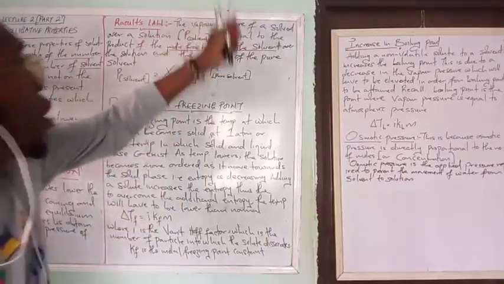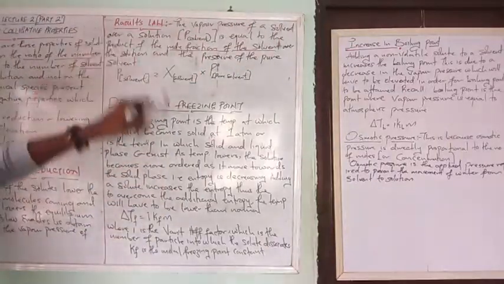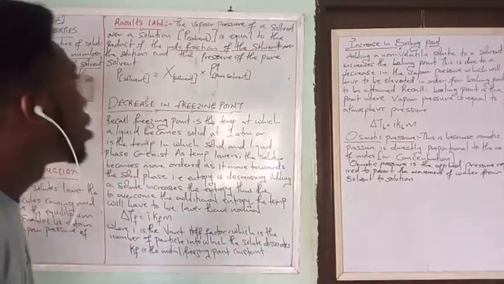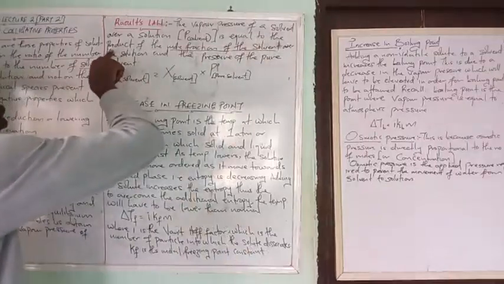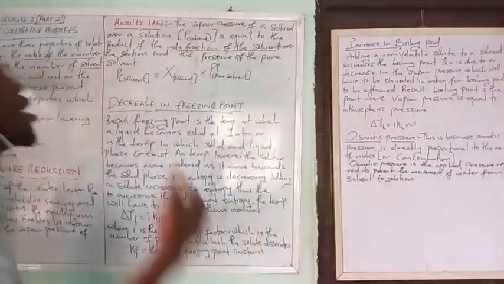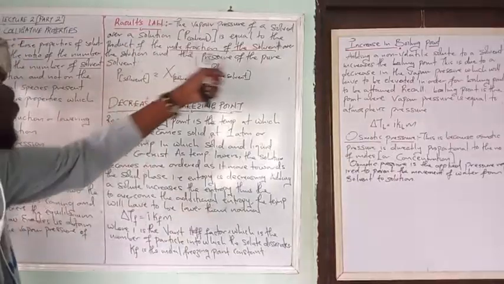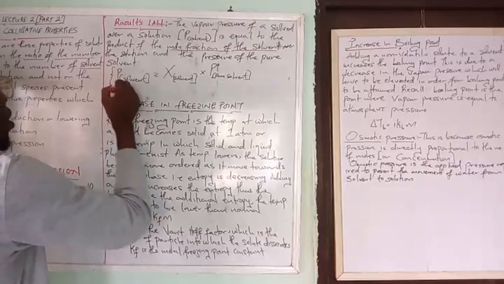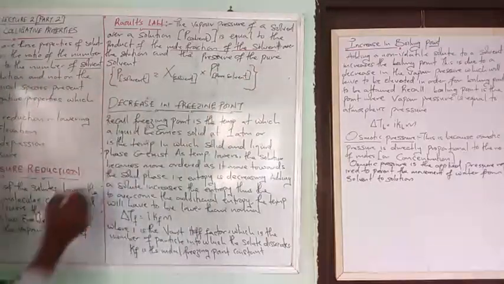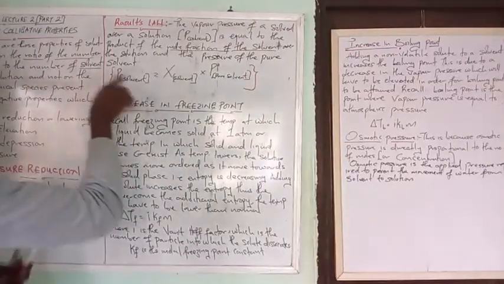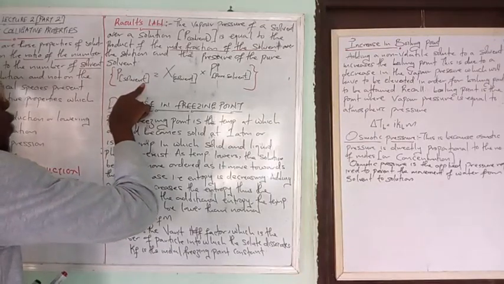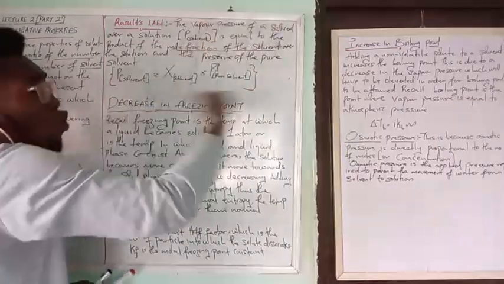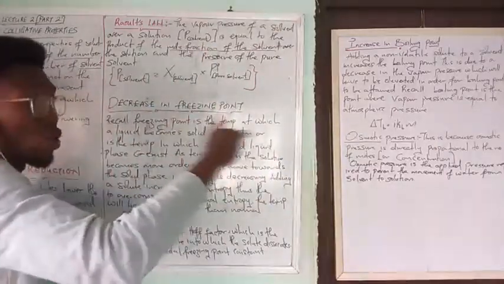We said that the vapor pressure of the solvent over that solution, that means the solvent over the solution which contains the solid, is equal to the product of the mole fraction of the solvent over the solution and the pressure of the pure solvent. So we have an expression here to demonstrate that. Here, P solvent is the vapor pressure of solvent over solution, and X solvent is your mole fraction of the solvent, which will be mole of solvent over the total mole of solution.